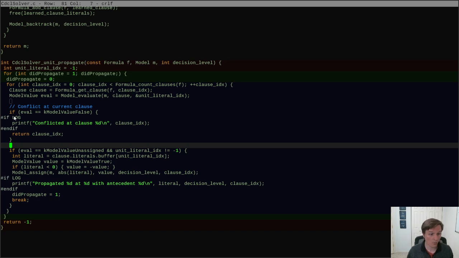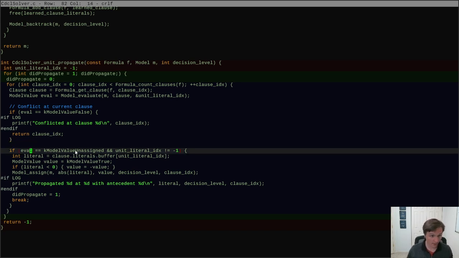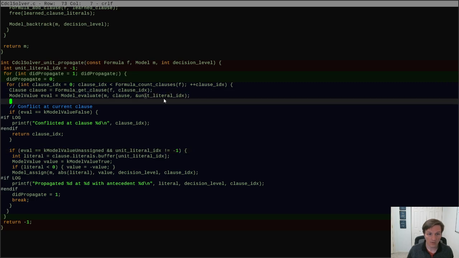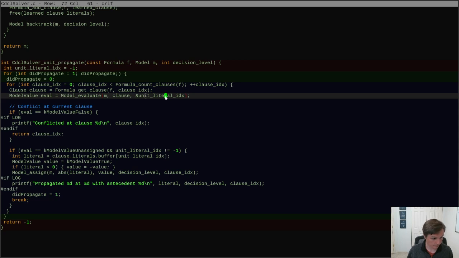Otherwise, if we keep going, we're continuing the loop. We check and see if we got an unassigned. And if it's unassigned, we look at the unit literal index from here. So here, if there was a unique unassigned thing.